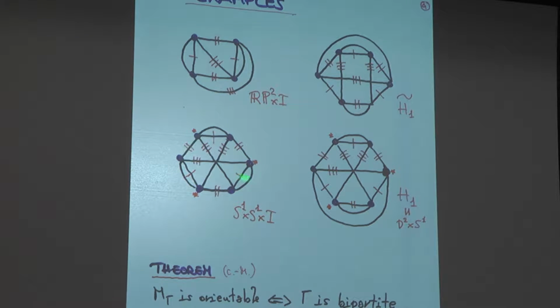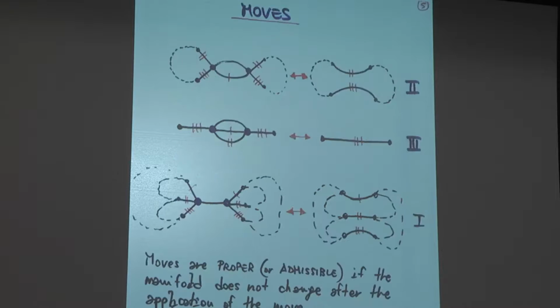This is because there is an easy result, which was, of course, also true for the closed case: a manifold represented by graph gamma is orientable if and only if the graph is bipartite.